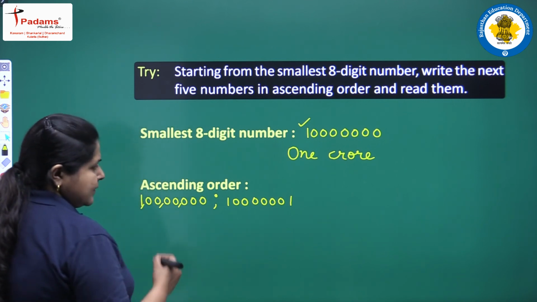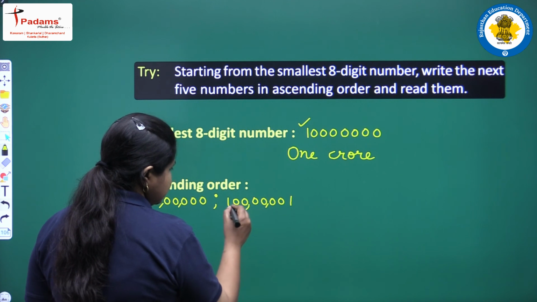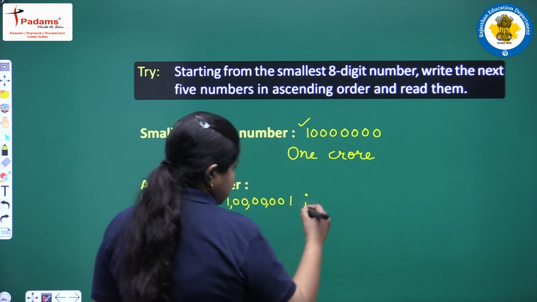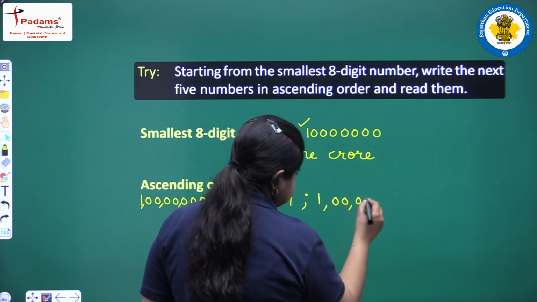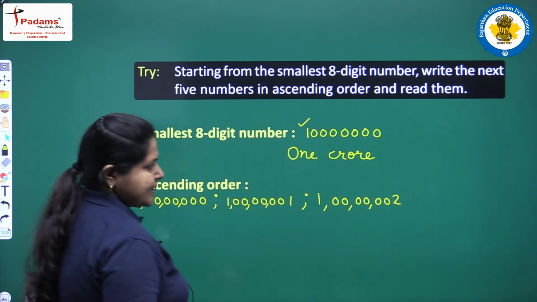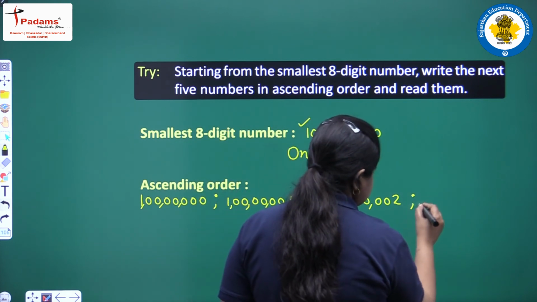This will be the next number, 1 crore 1, with 2, 3 commas. Next, again add 1, this is the next one, 1 crore 2.